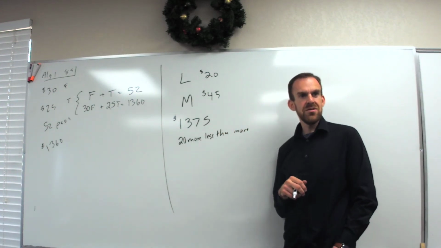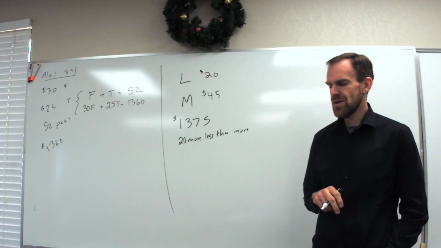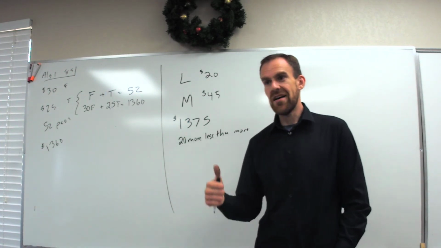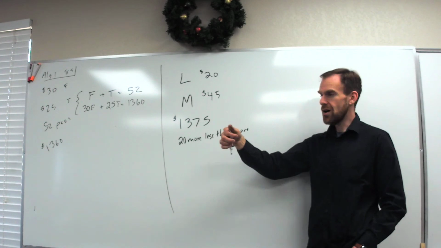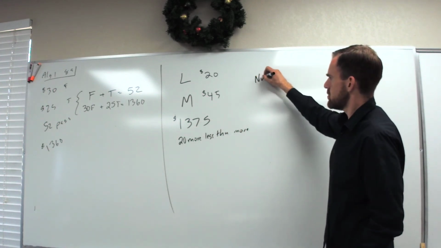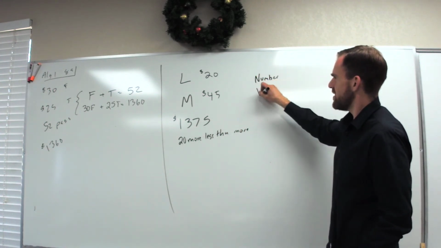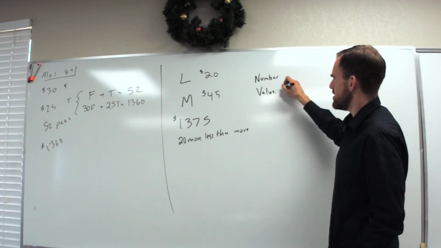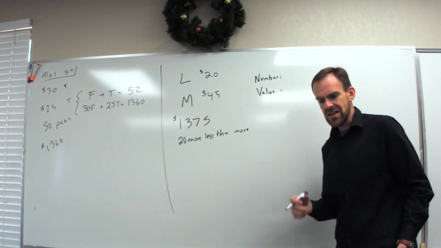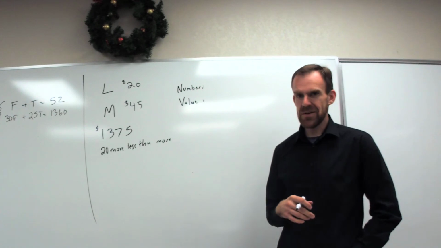So, what do we do with that? Well, we're going to expect our two equations still. What are the two equations? We have the number of things, and then we have the value, or how much each thing is worth. So let's start with the value one, just for funsies.